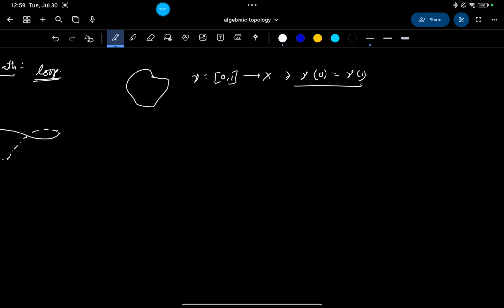But the picture is the following: suppose you have a particular loop like this. Any other loop which is homotopic to this particular loop, let's name this gamma 1, will be like this, with the same orientation. But you cannot say that it will overlap at a certain point like this.